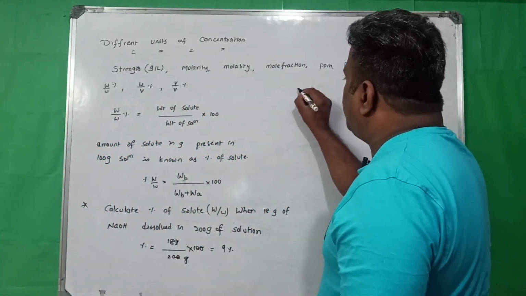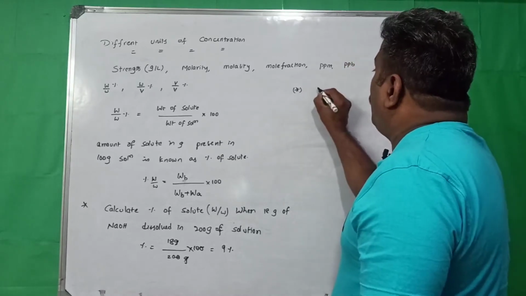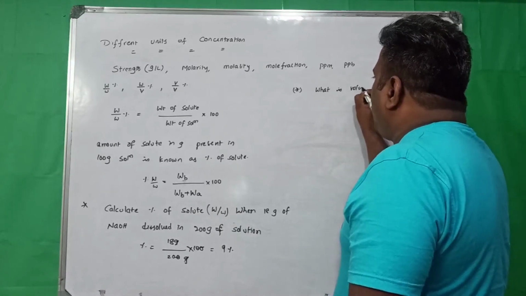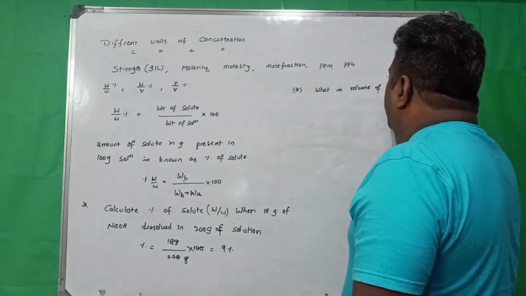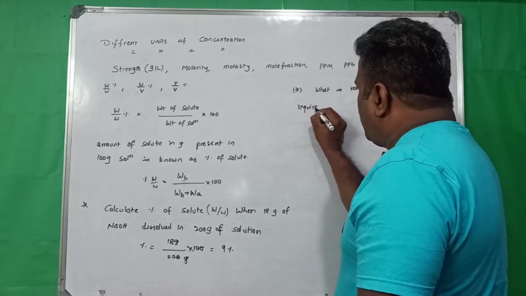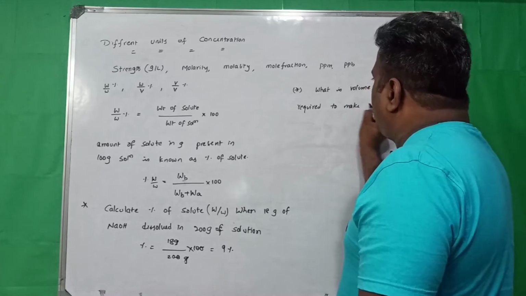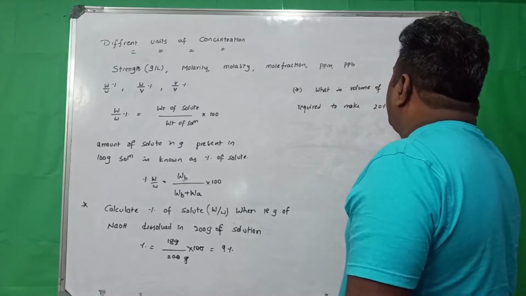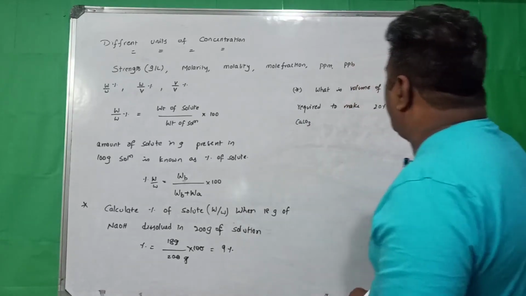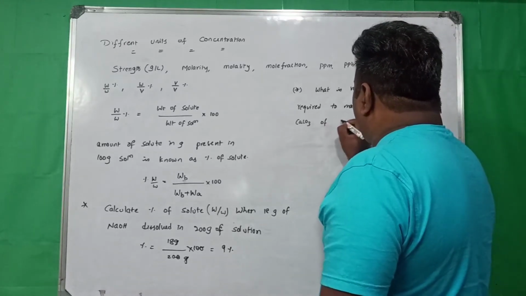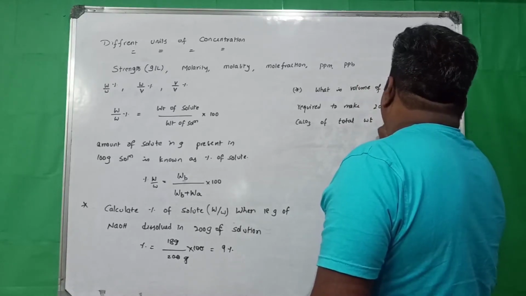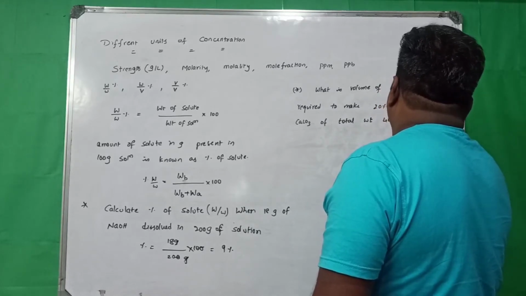Now solve one more question, students, based on the same concept. What is the volume of solvent required to make a 20% solution of calcium carbonate of total weight 400 grams of solution?